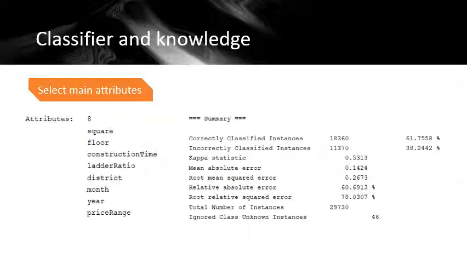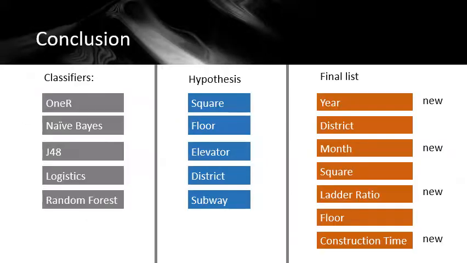So here are the 7 attributes we finally concluded, and the accuracy based on these attributes remains at the same level compared with the 15 attributes that we used in the beginning. Finally, for the conclusion, we tried 5 classifiers including 1R, naive Bayes, J48, logistic, and random forest. And at last, we used stacking to test whether they work fine.